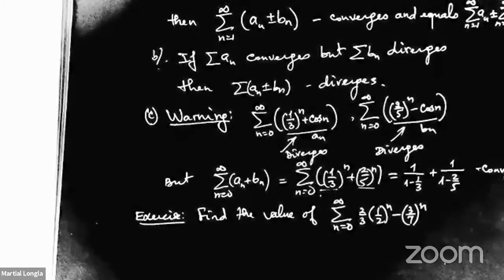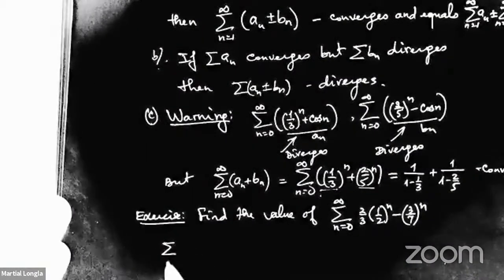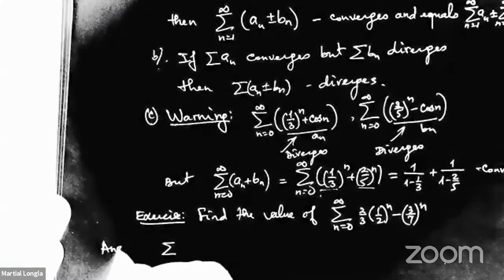Anyone with an answer? I got -5/12. Okay, can you brief us on your steps? Yeah, so I separated the two sums. That's the first step. You separate the sums.